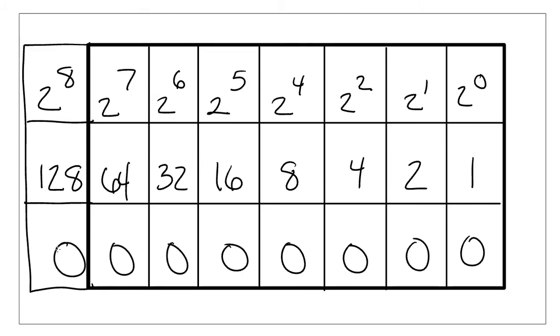And here's the way this works. If we want to represent the number 1 in binary, we would simply get rid of this 0 and put 1. So that means that this would be 0, 0, 0, 1.